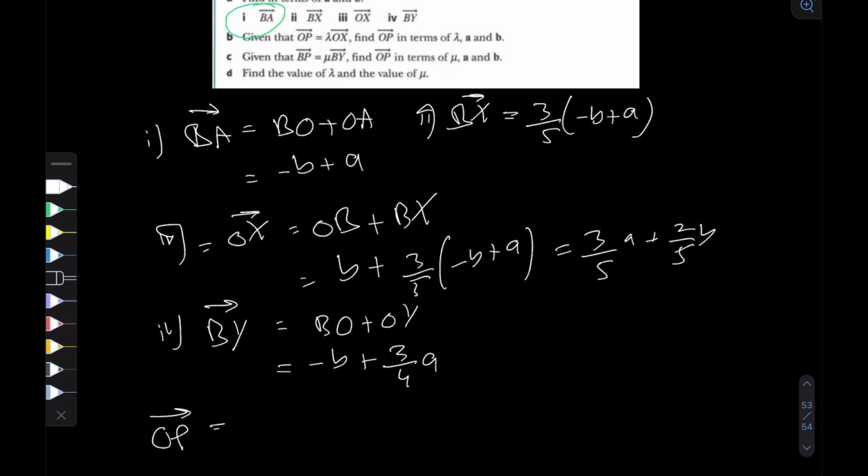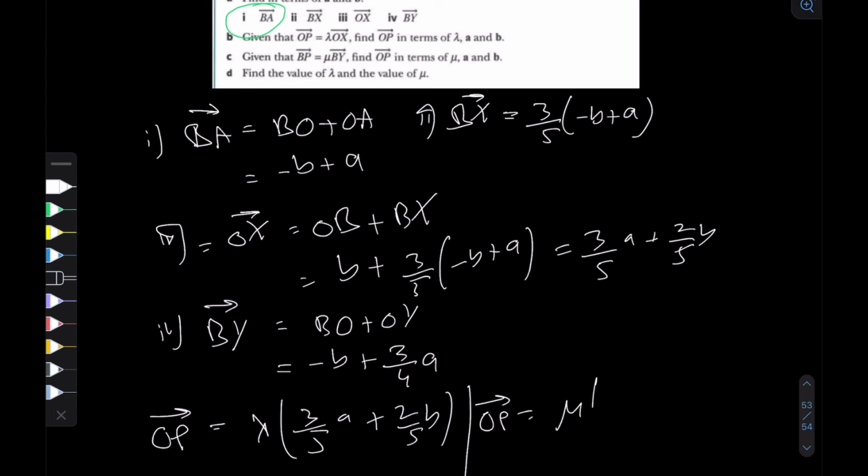OP is lambda times 3 over 5 a plus 2 over 5 b, and also OP is equal to mu times BY, which would be minus b plus 3 over 4 a, and we need to find the value of lambda and mu, right?